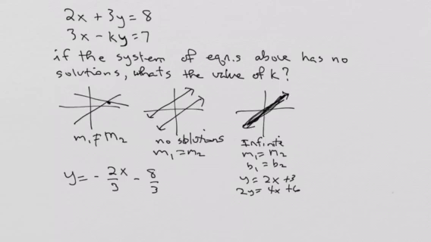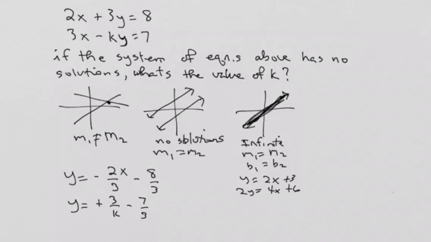And then I'm going to get y by itself in the second equation. And I'm going to get y equals positive 3 over k, minus 7 over 3.